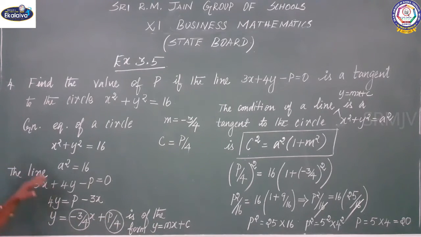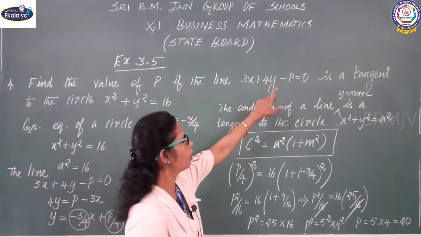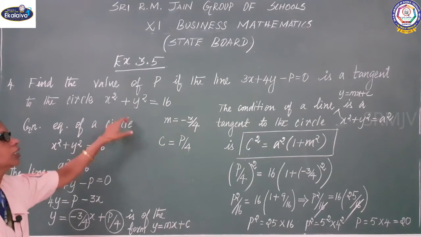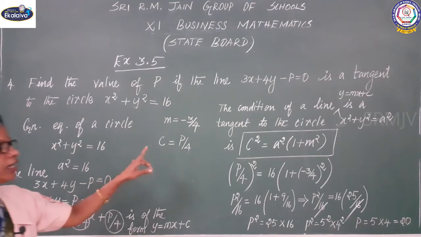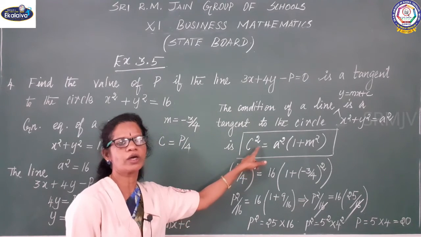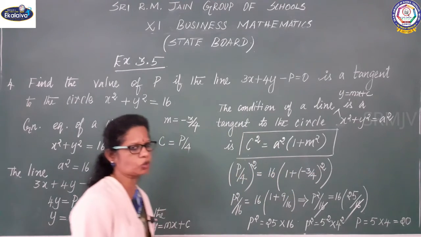Once again I am going to repeat, you see. Find the value of p if the line 3x plus 4y minus p is equal to 0 is a tangent to the circle. They said the line is a tangent to the circle. If the line is a tangent to the circle, it should satisfy the condition c square equal to a square into 1 plus m square.